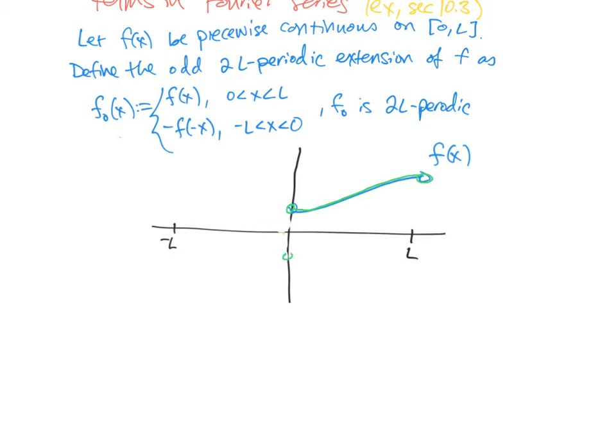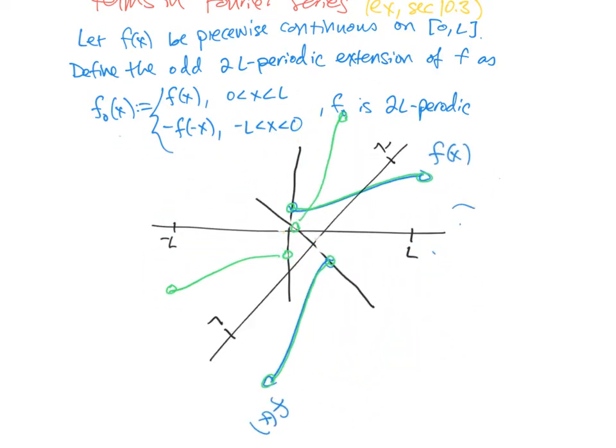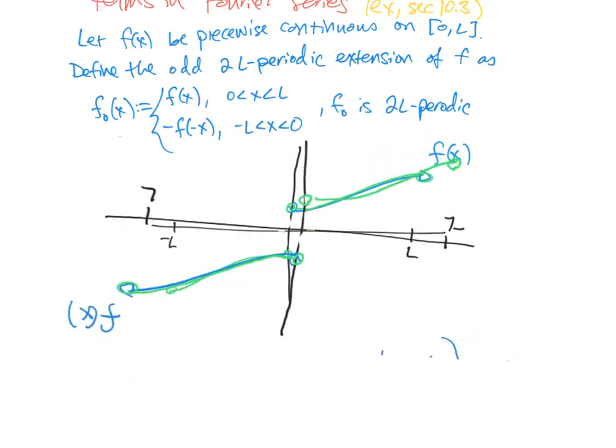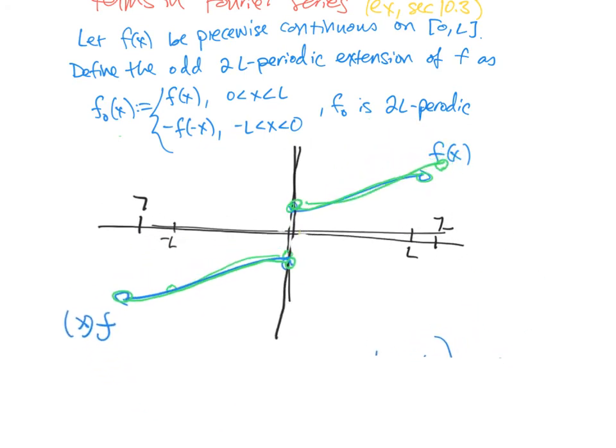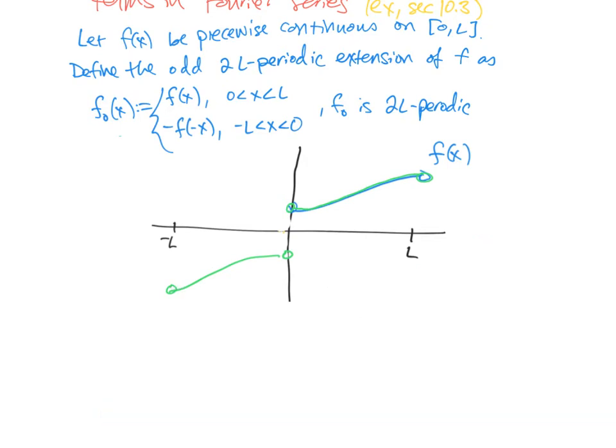So we'll have a point there, and a point there, and a shape like that. And you can see that this thing is symmetric about the origin, right? We can flip it around and it's almost the same thing. It's close enough. Anyway, that's the idea.